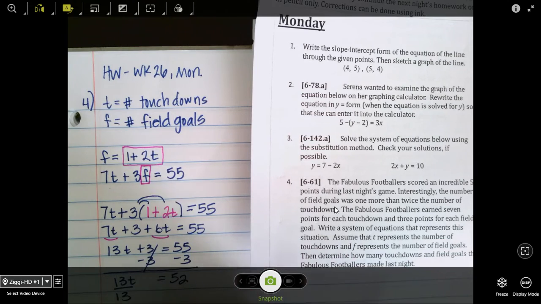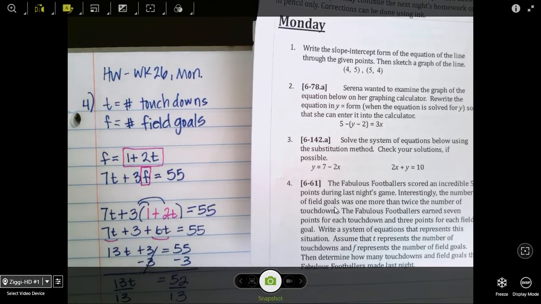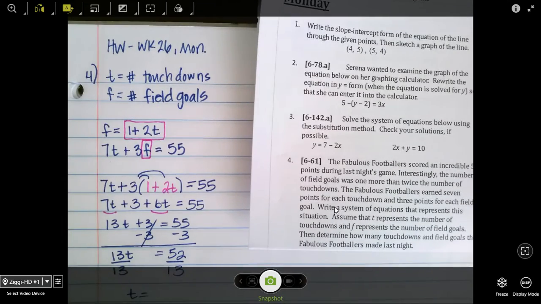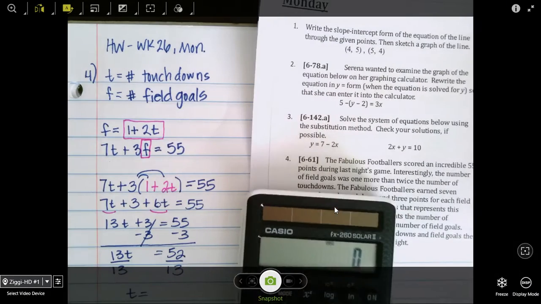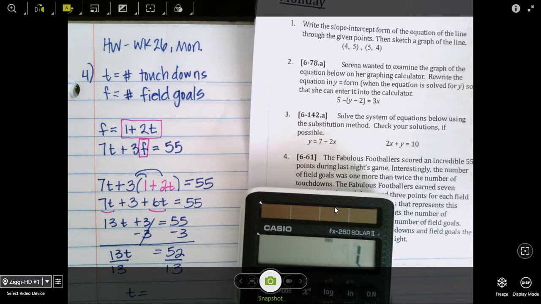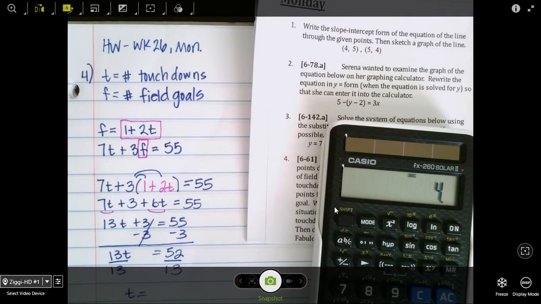When we divide by 13, t is equal to, and you would probably need to use your calculator. Let me get my calculator, and I would have to divide 52 by 13. So let's see what we get. 52 divided by 13 is 4. Or if you're good at mental math, you'll be able to tell that the answer is 4.